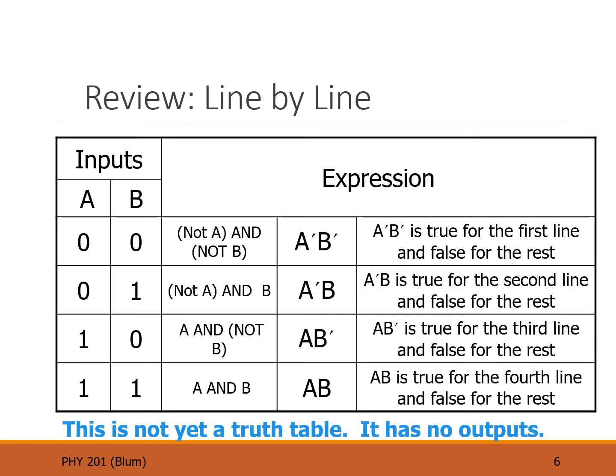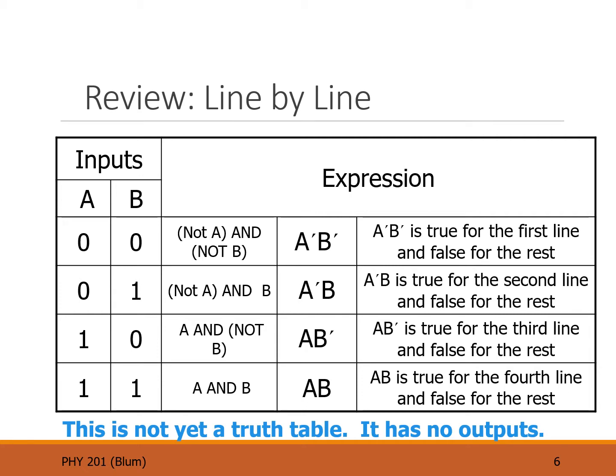In the sum of products approach, each line of the truth table can be thought of as a minterm, an ANDed expression involving nots and ands, in which the expression is a 1 for that row and 0 for all other rows.